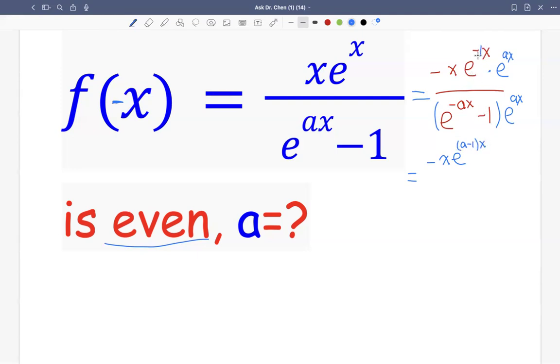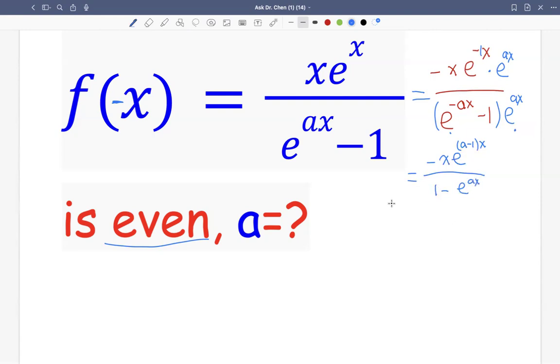Because this is basically negative 1x. Then we factor out x, so we have a minus 1 times x. The denominator, when we multiply this term with this term, negative ax plus ax is 0. E to the 0 is 1. So we get 1 minus 1 times e raised by ax.